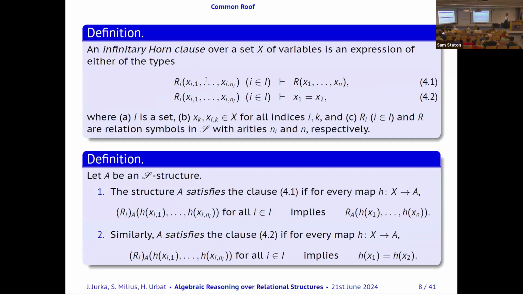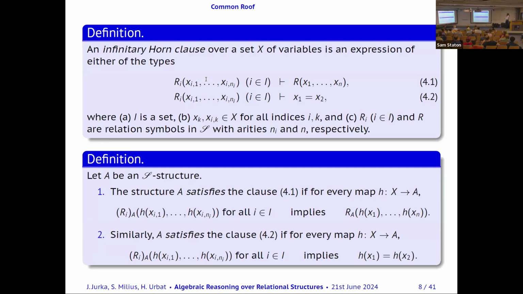And we will be considering classes that satisfy some universal infinitary Horn clauses. They can have one of these two forms, deductions like this. And here's what satisfaction of these deductions means.